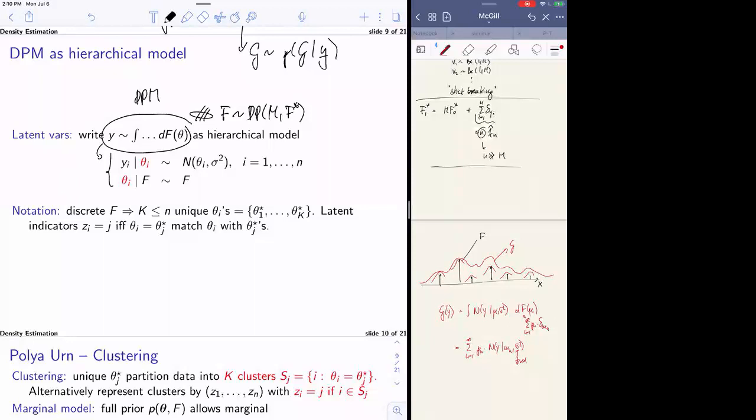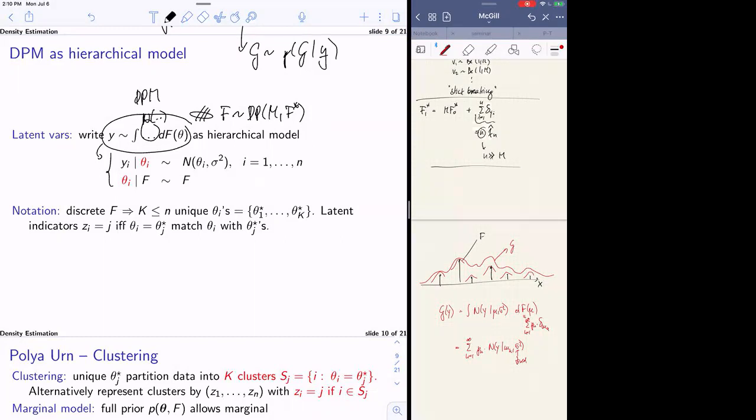So in here we're thinking of a normal kernel. And theta_i comes from the mixing measure F. The two of them together are totally equivalent to the line above, because when you marginalize with respect to the latent variable, you would integrate the product of the two lines, and integrating the product of the two lines, you're exactly back to the line on top.